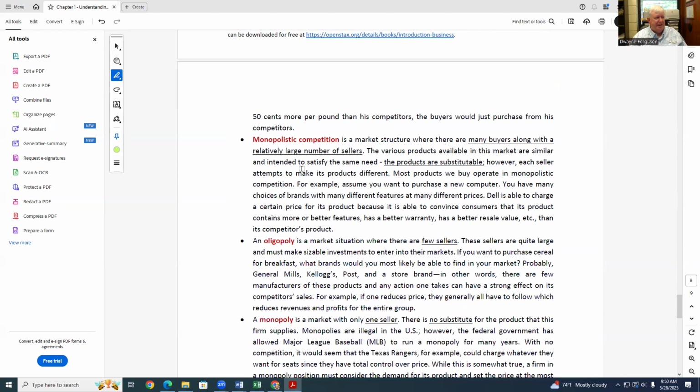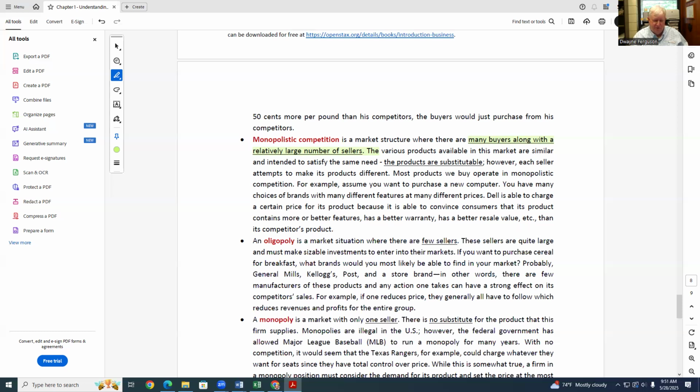Most of the goods we buy are sold in monopolistic competition. There are a bunch of buyers, there are a bunch of sellers, but the products are differentiated. They're competing by something that is different in my brand compared to your brand. So, why would I buy Libby's vegetables and not buy Del Monte's vegetables?